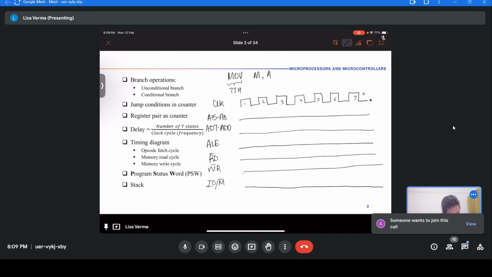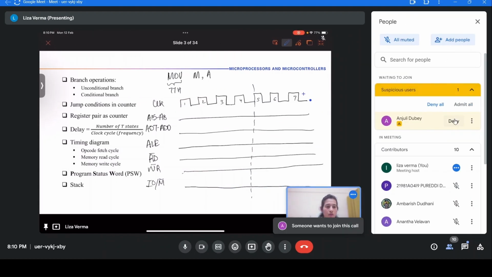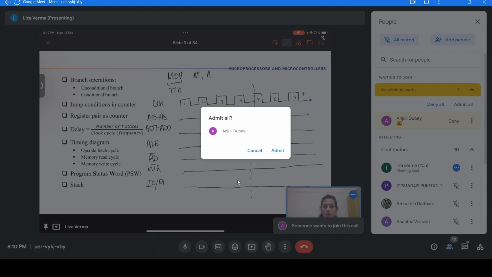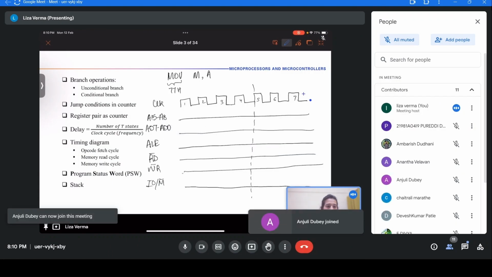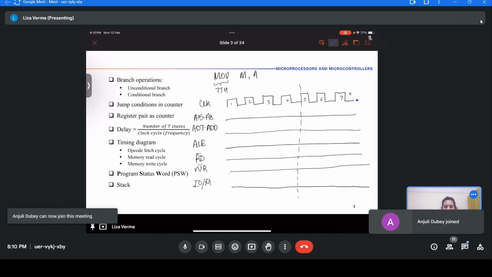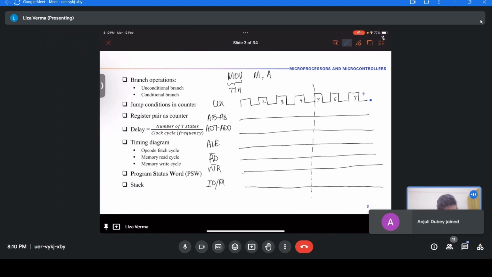Okay, so this is our opcode fetch. I think opcode fetch is clear enough. So what will happen in the first T state? A15 to A8 will get the address.